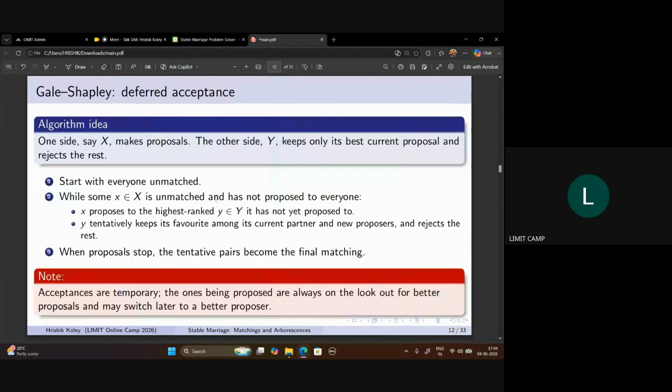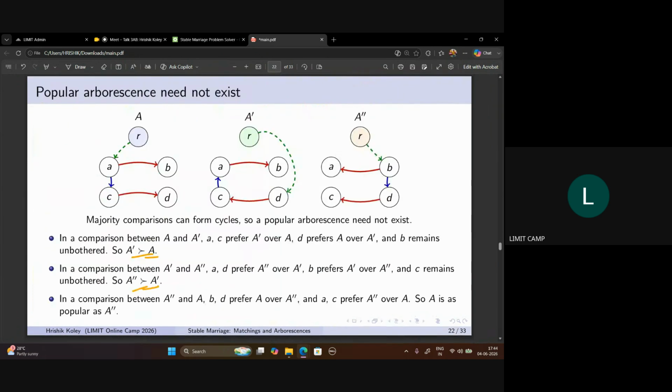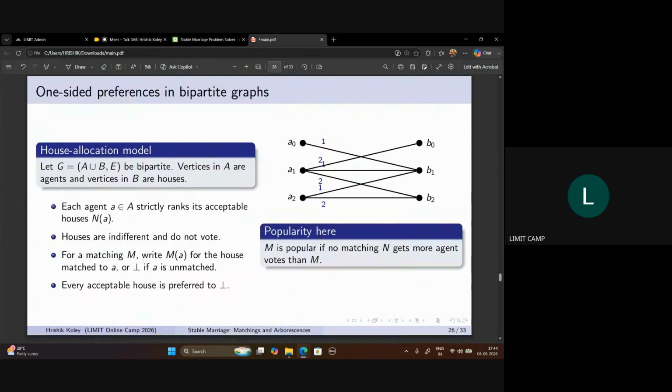So in that case, what comes in is again this popular matching, or rather popular matching with one-sided preferences in bipartite graphs. So let's look at the house allocation model. You can look at project allocations to students, but we'll look at this house allocation thing.